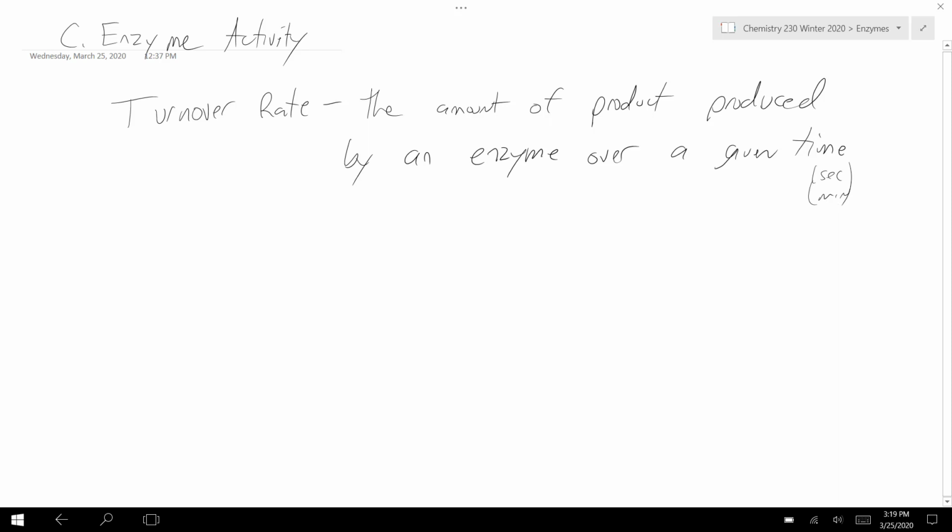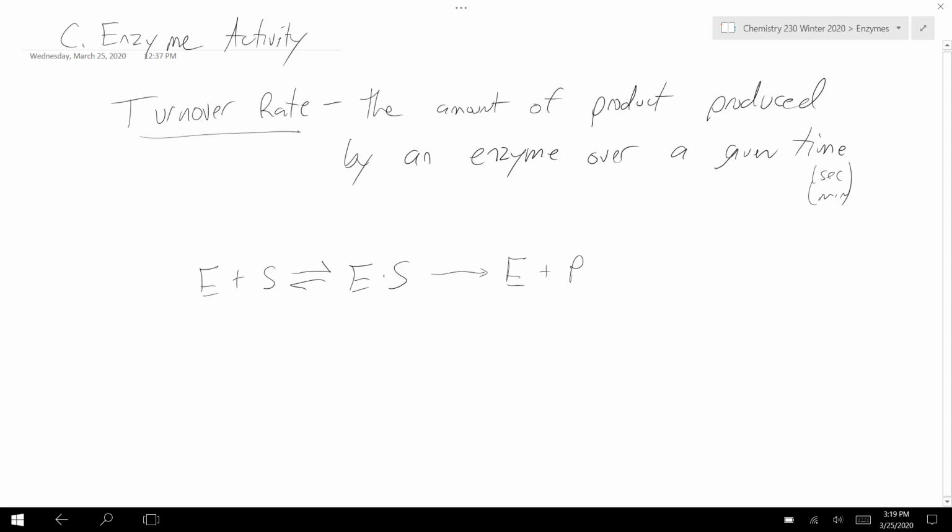This really has to do with, if you think of an enzyme and a substrate, sometimes enzymes and substrates can go back and forth, like they have a rate constant of forming and a rate constant of going back to the reactants and substrates separately, but ultimately they will form an enzyme and a product.